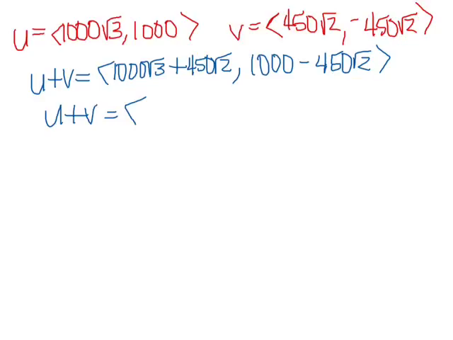You can do one of two things. You can take 1,000 radical 3 and add 450 radical 2. You're going to want to write down the number no matter what. But since we know that we have to use these numbers in calculations as we continue, I would either store the number in your calculator with that store feature that I taught you.